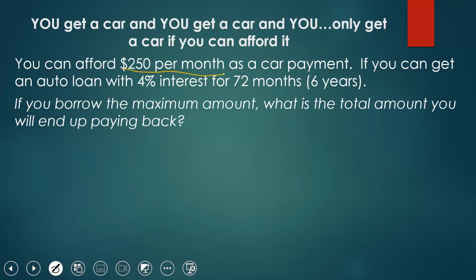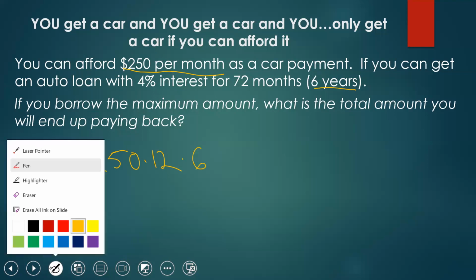So we know we're making payments of $250 per month, which means that if we did 250 times 12, since we're making a payment every month, that would give us the total amount that we pay back in a year. But we're borrowing the money for a period of 6 years, so we multiply that number by 6.